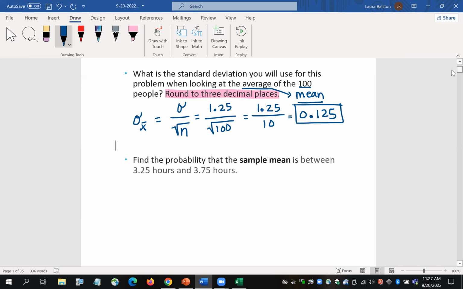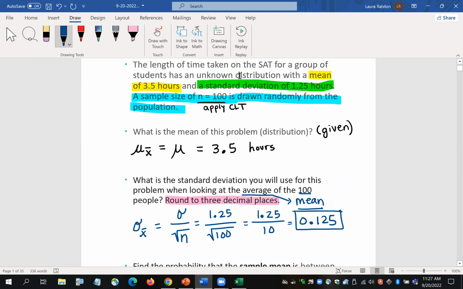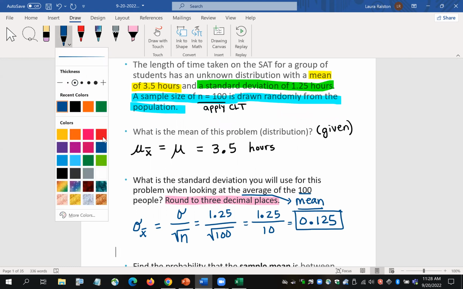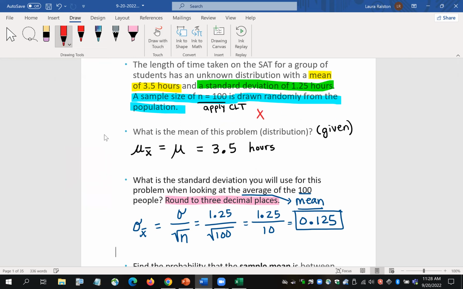Now remember, because we started out with an unknown distribution, but we've selected a sample of size n, and we are applying the central limit theorem, I now know that my variable approximates a normal distribution. My mean is going to be 3.5, and my standard deviation is going to be 0.125.